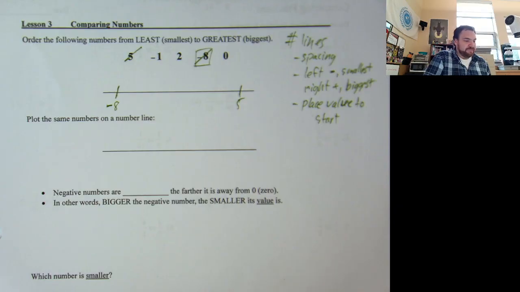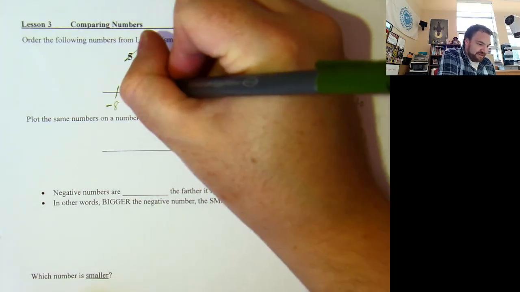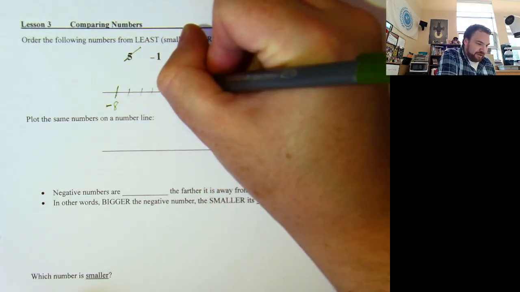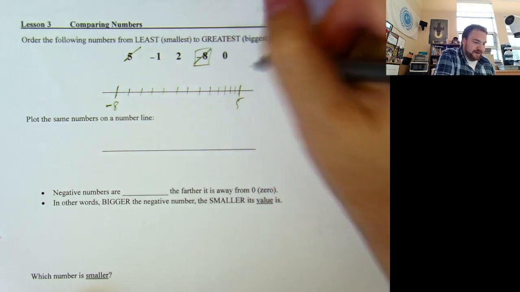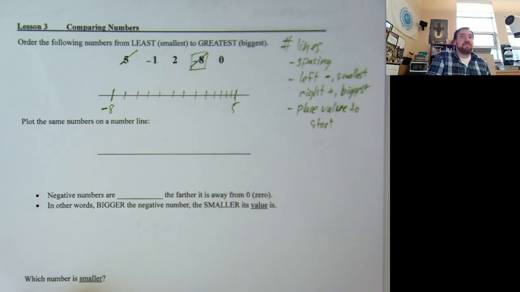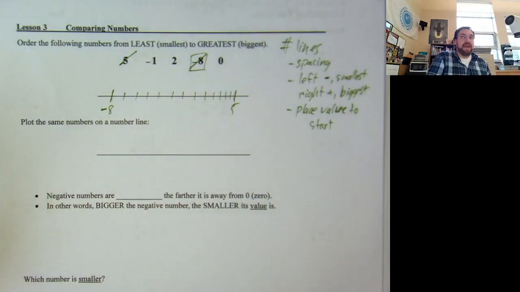So, if we care about spacing, we can kind of parse this out a little bit here. If I've got -8, -7, -6, -5, -4, -3, -2, -1, 0, 1, 2, 3, 4, 5 already on there, my spacing's not perfect, but it's not bad.